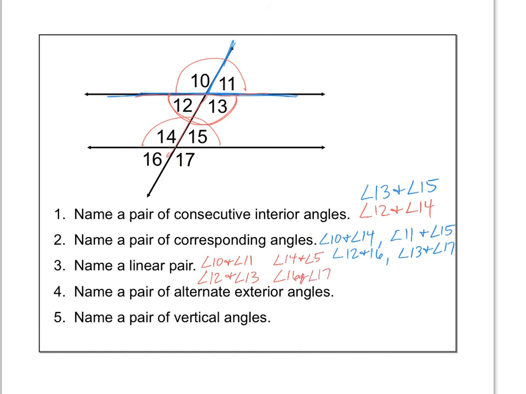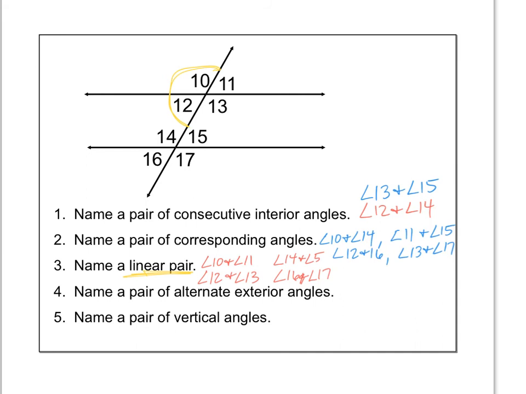Now you could even turn this picture sideways, and you could say 10 and 12 are a linear pair. So there's a whole bunch of linear pairs that you could use. You could use 10 and 12, 11 and 13, 15 and 17, 14 and 16, lots of them.